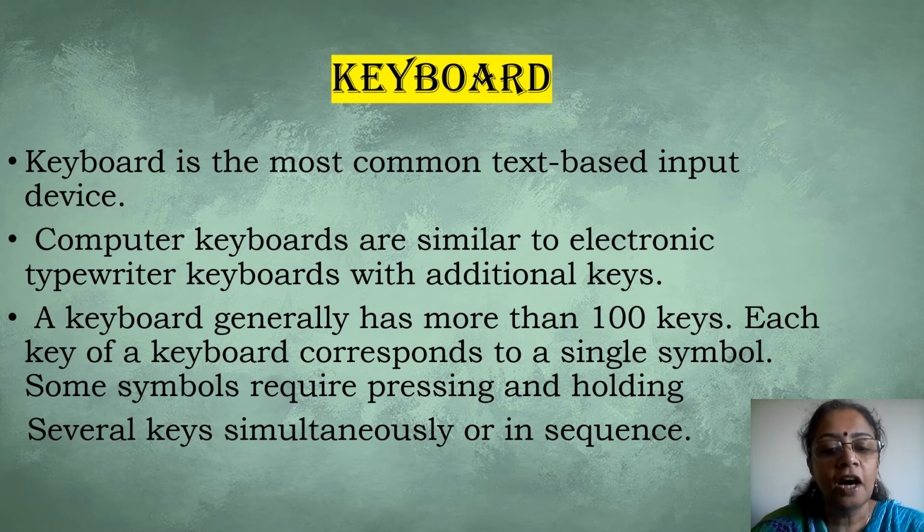A keyboard generally has more than 100 keys. Each key of the keyboard corresponds to a single symbol. Some symbols require pressing and holding several key combinations simultaneously in a sequence. So basically, when I press a key on a keyboard, that particular symbol or character gets input into the computer system, which is read by the system.